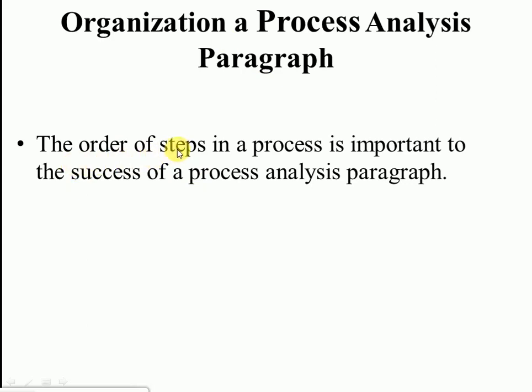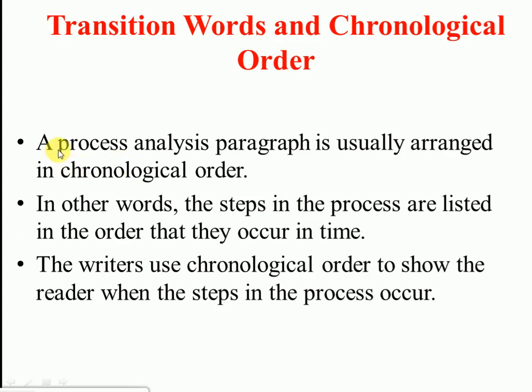The order of steps in a process is important to the success of a process analysis paragraph. A process analysis paragraph is usually arranged in chronological order. So in order to arrange the process paragraph in chronological order, we have to use transition words or chronological order words.